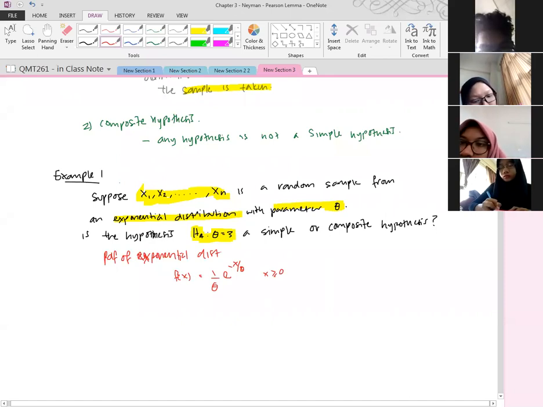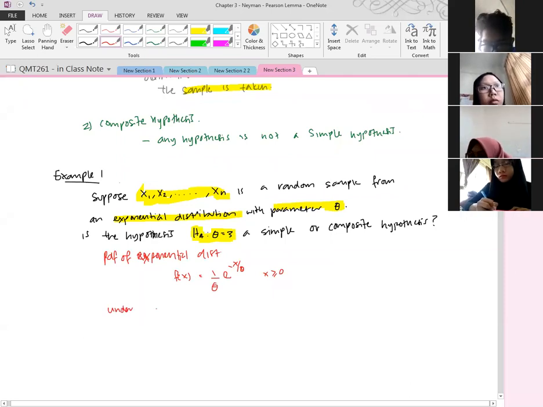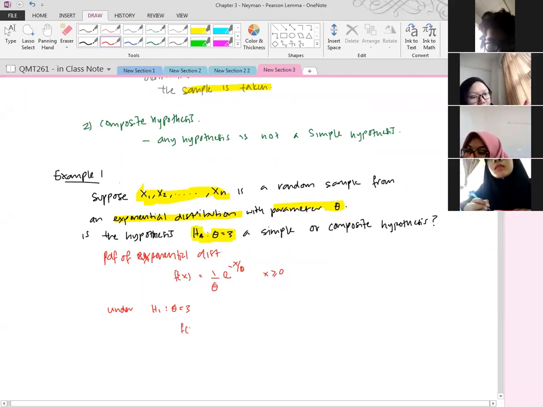Under the hypothesis theta equal to 3, the PDF will be f(x; theta equal to 3), which is equal to 1 over 3 exponential negative x over 3, for x more than or equal to 0.